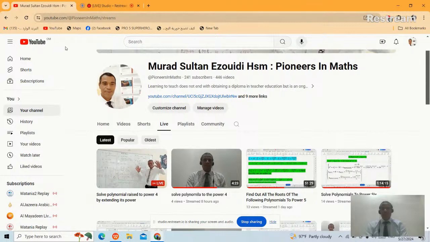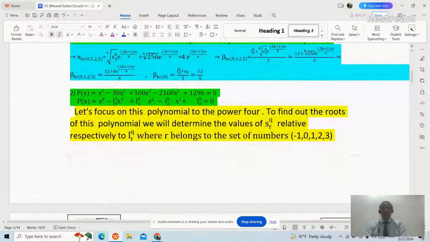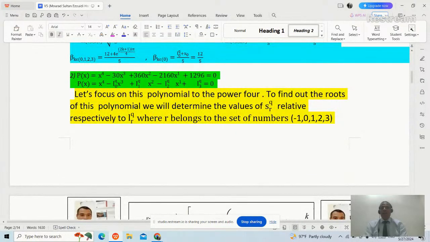So I'll just start, learners. My polynomial is example number 2: x to the power 4 minus 30x to the power 3 plus 360x squared minus 2160x plus 1296 equals 0.